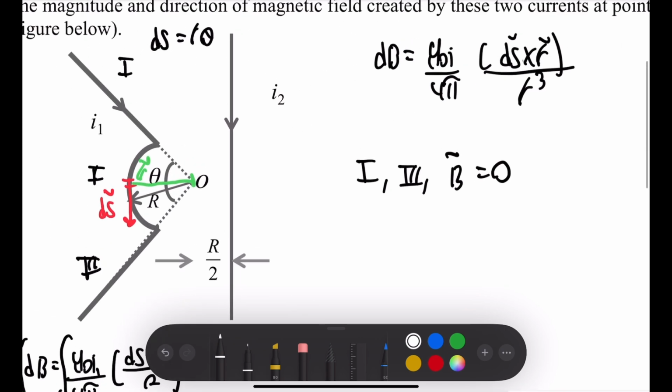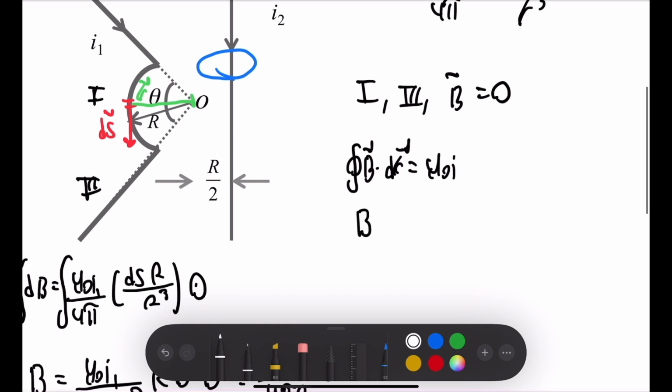Now for the long wire, this is where we would apply Ampere's law, which is the closed loop of B dot dr is equal to mu naught I. So I would get B 2 pi r is equal to mu naught I, or B is equal to mu naught I over 2 pi r.